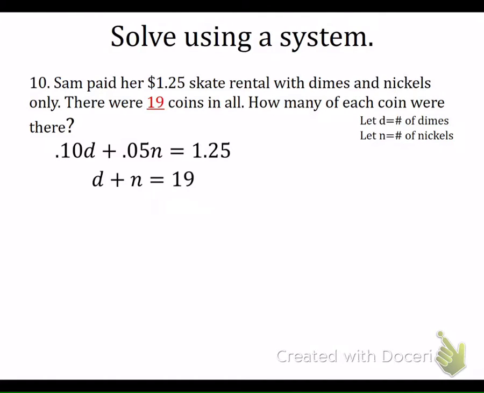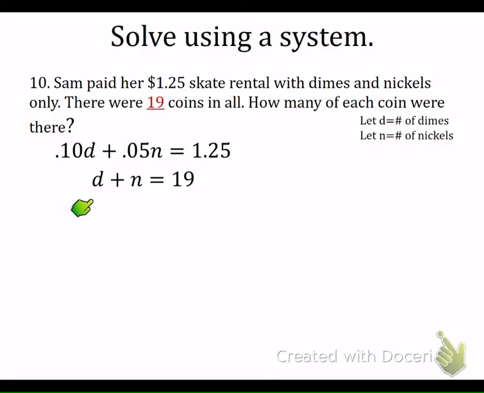We're not going to finish it because we're going to run out of time. But how would you finish this? Listen to me. Do you want to know how I would do it? I would get rid of the decimals in the top. Then I would use the substitution method.